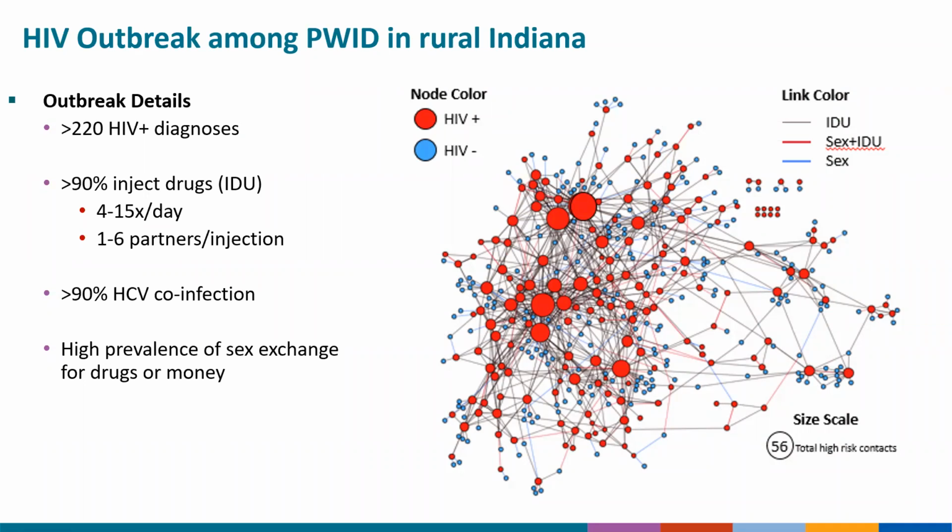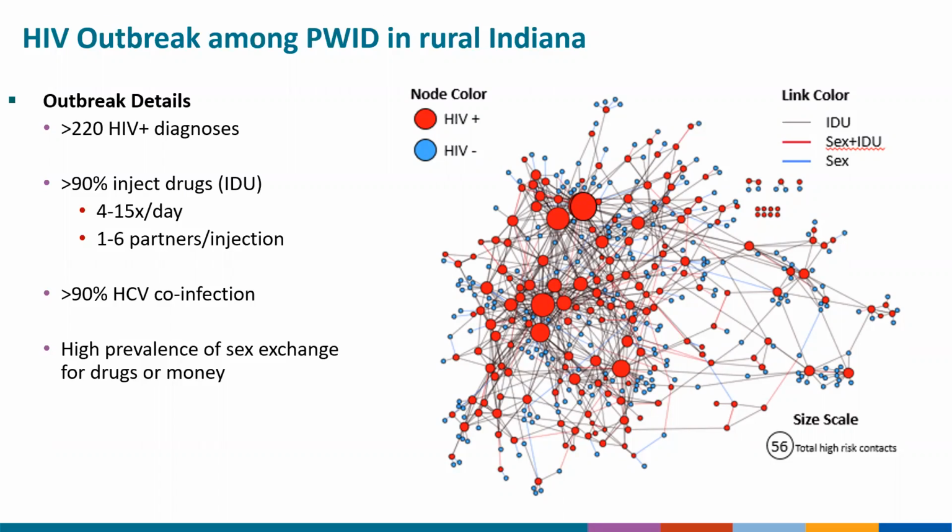So for this particular outbreak, when we started, we collected the contact tracing data. And what you see here is a tangled mess, right? Each circle represents a person. Each line represents a connection or a type of high-risk contact between those individuals. The circles are sized by the number of high-risk contacts that each person reports.